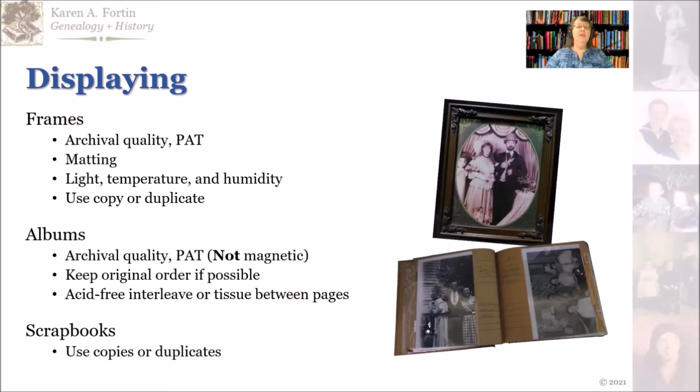This also prevents the surface of the photo from coming into direct contact with that glass or plastic. Make sure that the room where you display the photo can be controlled regarding light, temperature, and humidity. Many experts suggest using a copy or a duplicate rather than the original photo, so it can be protected.